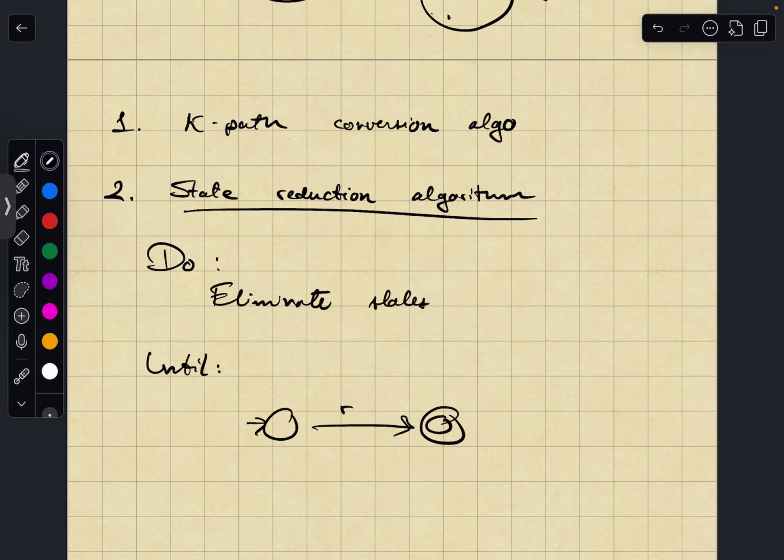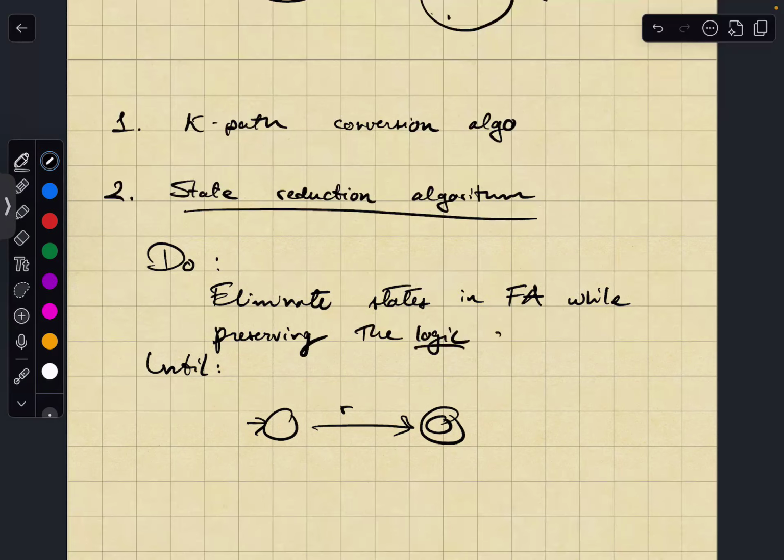And when I say eliminating states, I have to do this while preserving the logic of their transitions. Okay, so this is a bit vague.